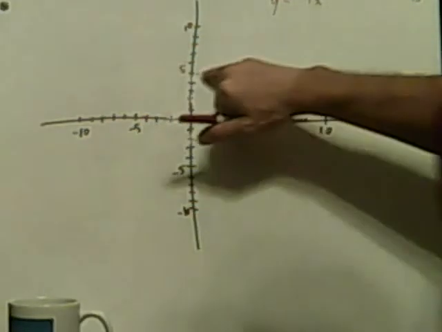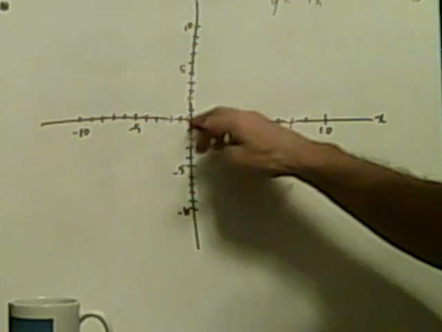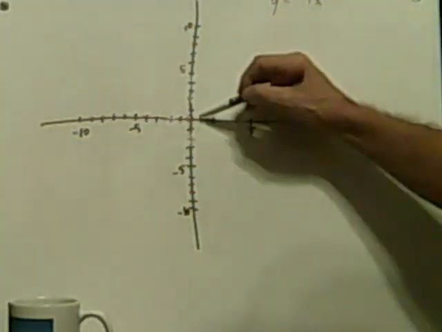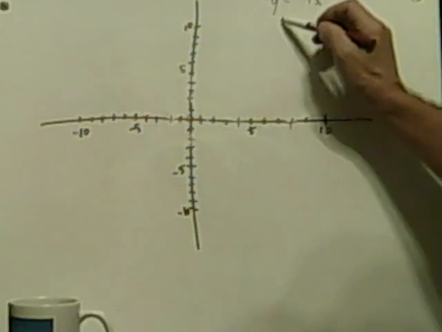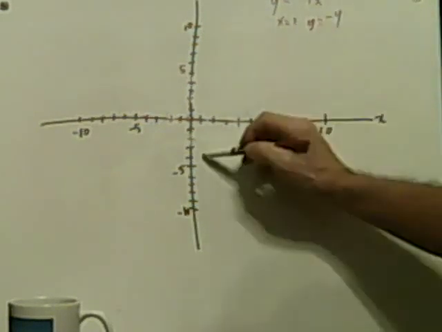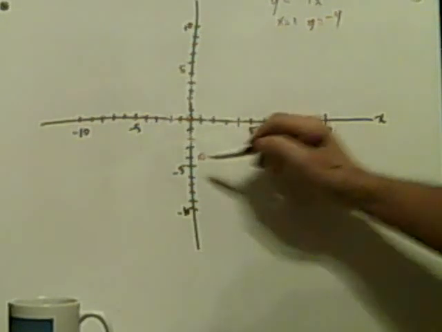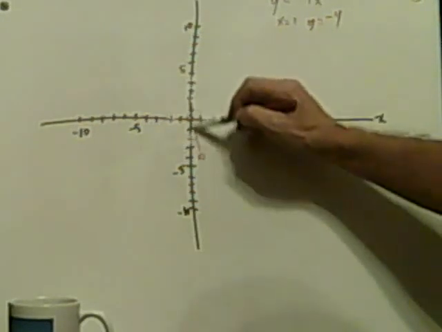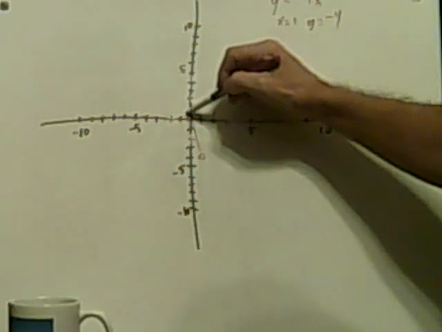In order to get another point, we can't use the x-intercept or the y-intercept because it crosses them both at exactly the same point. So it would be very easy to put in something like x equals 1, and then you get y is equal to negative 4. And that'll give you the second point. And that allows you to sketch it.